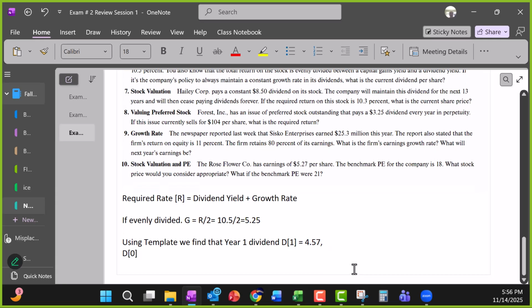And D0 is going to be D1 divided by 1 plus g, hence 4.57 divided by 1 plus 5.25%. It's basically 4.34. In the exam, pay attention to these details. Sometimes I'll be asking you year one dividend, sometimes year zero dividend. But if you know year one dividend and the growth, you can always go to year zero, just like we did here.